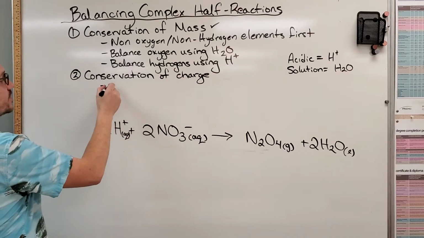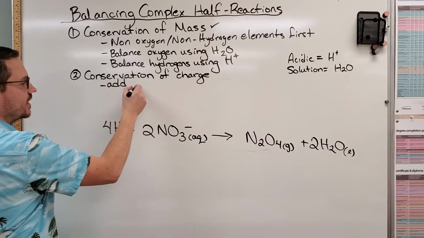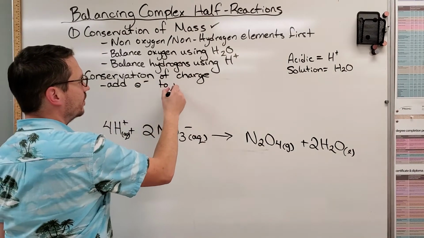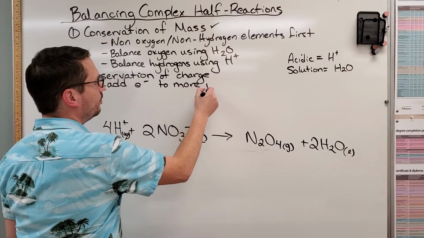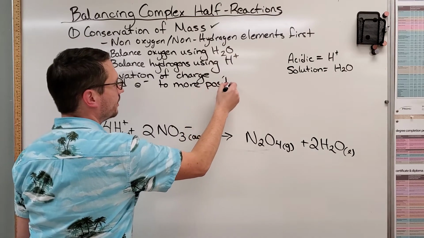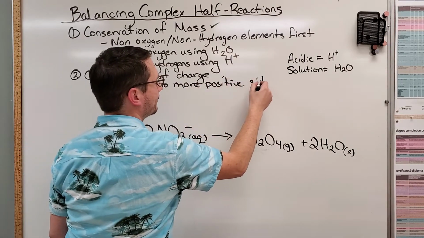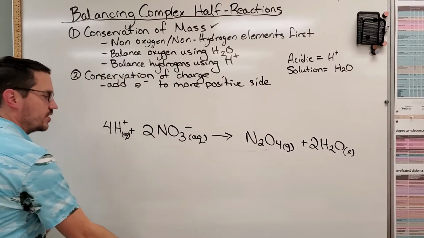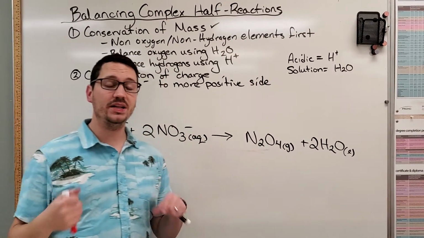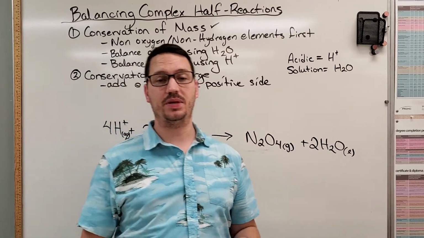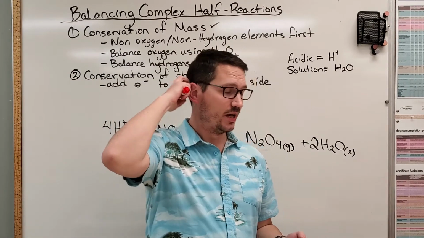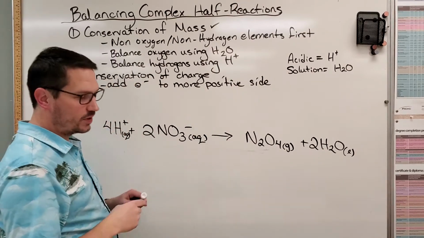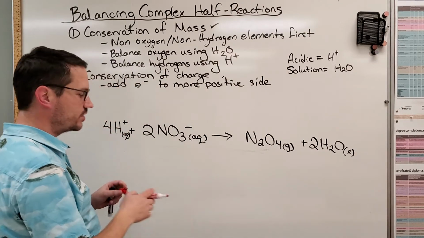Same thing as earlier, we want to add electrons to the more positive side. So we have to add up all of our charges. Charges are really important. It's super easy for people to miss charges when they're writing down a chemical reaction. So just pay really close attention to your negatives and your positives.